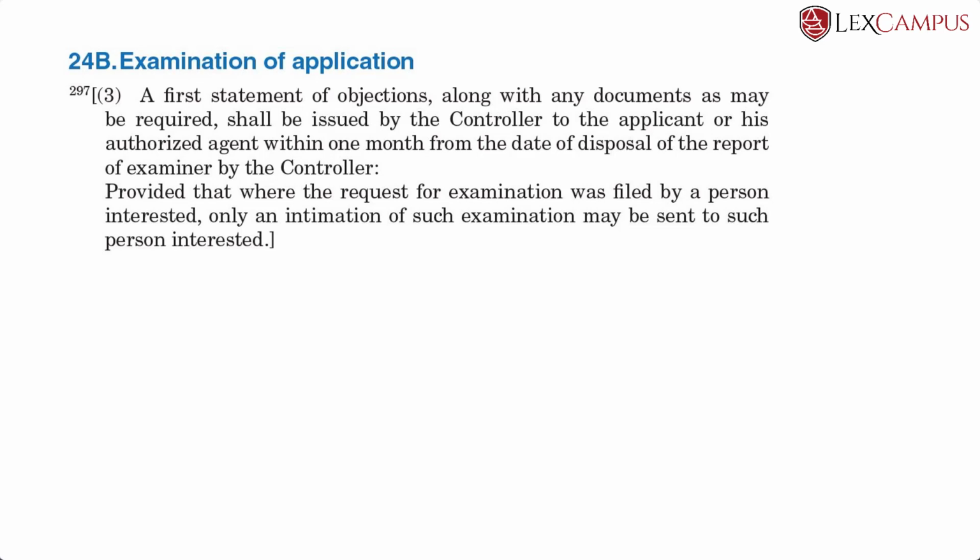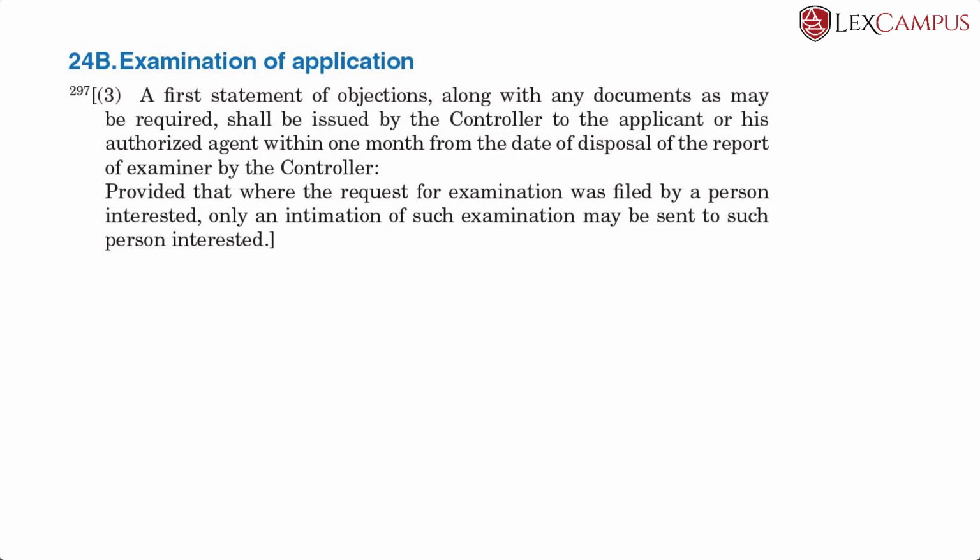So now we are able to see the timelines. Request for examination is made within 48 months of the date of priority or from the date of filing the application in a normal case. Once the request for examination is made, the controller at the earliest possible time refers it to an examiner.